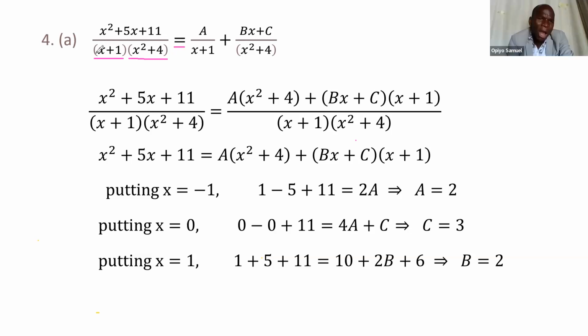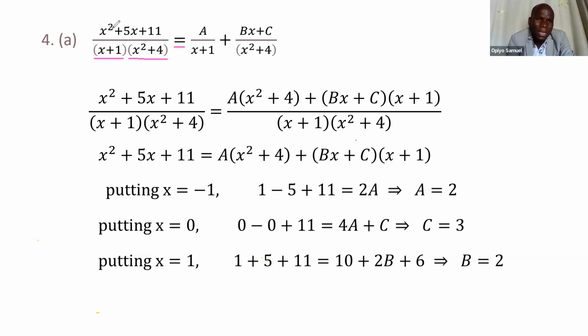If they are of the same degree or the numerator has a higher degree than the denominator, that will be called an improper fraction. So this only works for proper fractions, where the numerator has lower degree than the denominator.